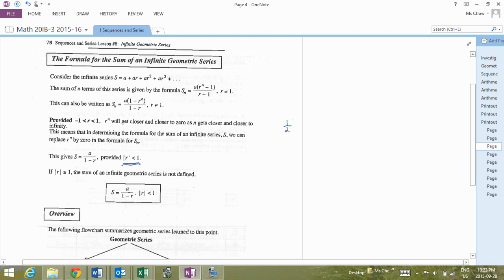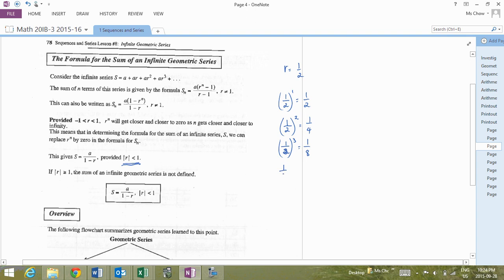So taking a look at 1/2, if you look at 1/2 squared versus 1/2 to the 1, what you already know is that as your exponent gets larger, the value of r to the n, if r is equal to 1/2, just gets smaller and smaller and smaller.